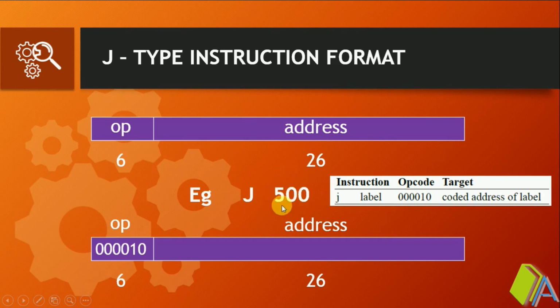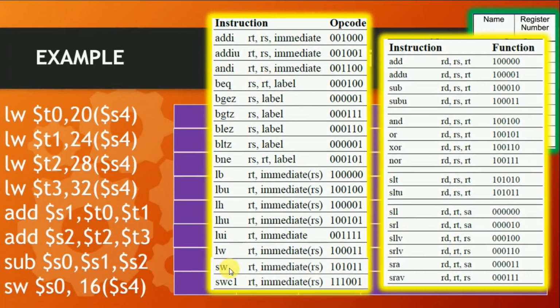The address to be mapped is 500. For simplicity, I am going to map using decimal format. Actually, what you have to do is convert this 500 into binary and extend it to 26 bits.